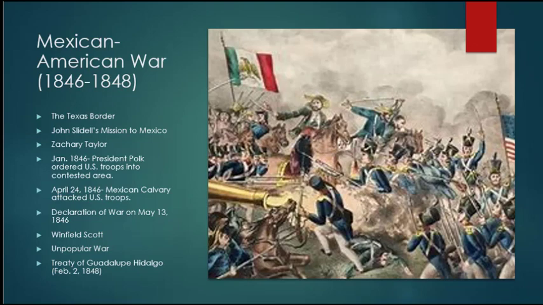It is a very unpopular war because even though Winfield Scott's men have taken control of Mexico City, it did not end the war. Scott's men will occupy Mexico City for over 4 months while Mexico and the United States negotiate. Though, like I said, the war has been controversial from the beginning.